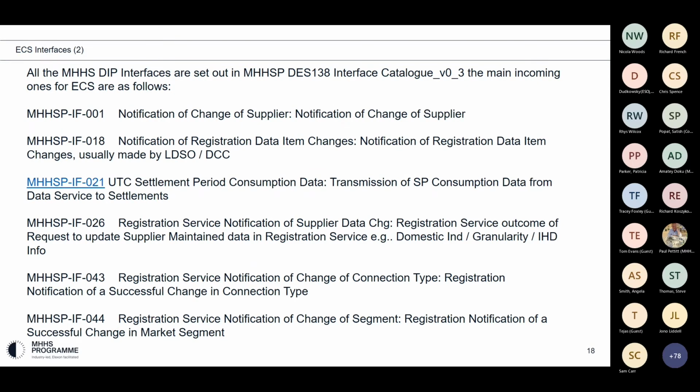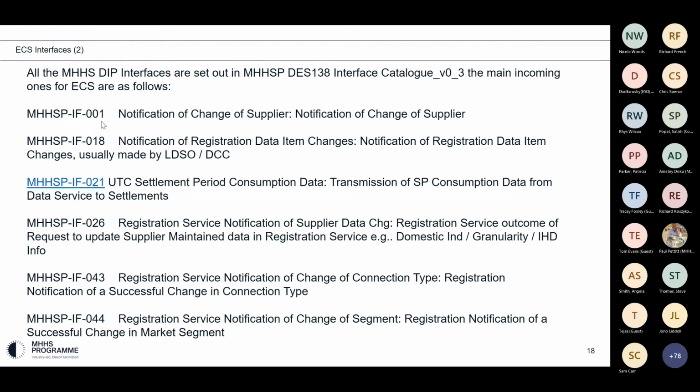This is a list of the incoming data. I think this has got two flavors. If we look at IF21, that is all the consumption data per settlement period coming in from the data services. I think most of the other ones on here are in fact different flavors of registration data, when registration data has changed.